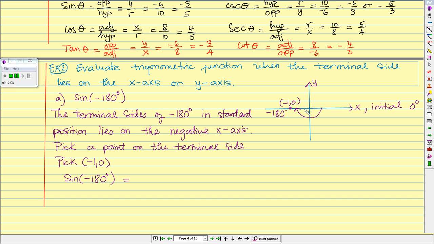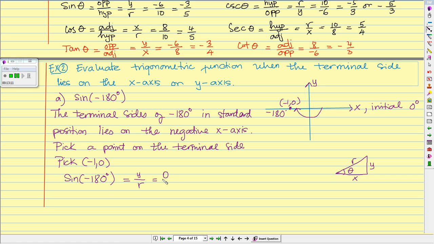You don't really see a triangle. So your opposite, which is your y, I'm just going to put y over r. Think about a normal triangle. This is y, this is x, this is the angle, and this is r. So sine is y over r.